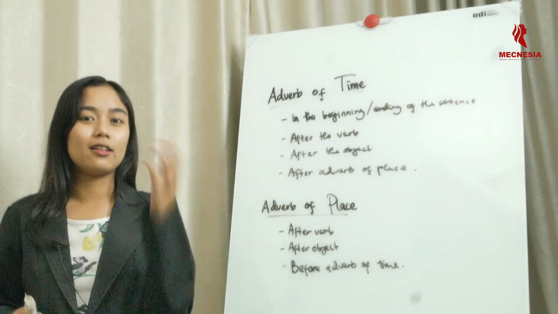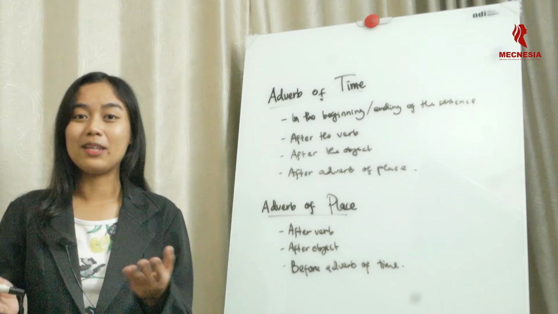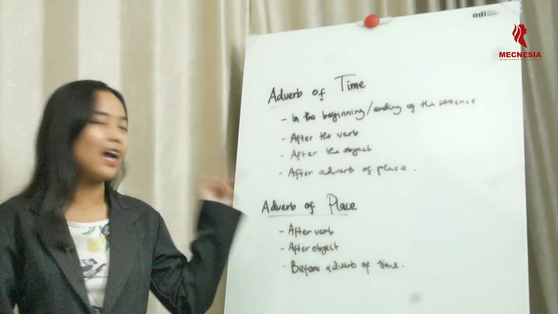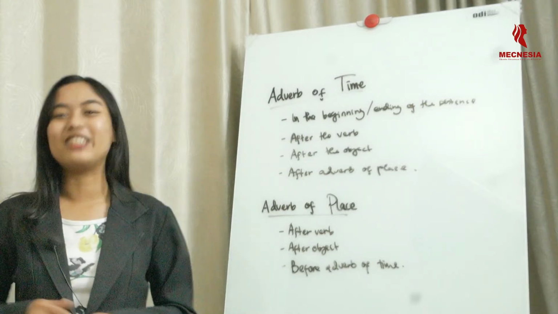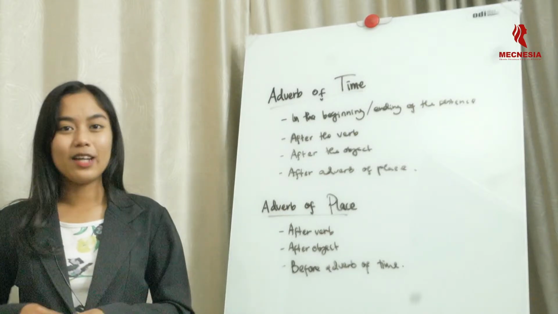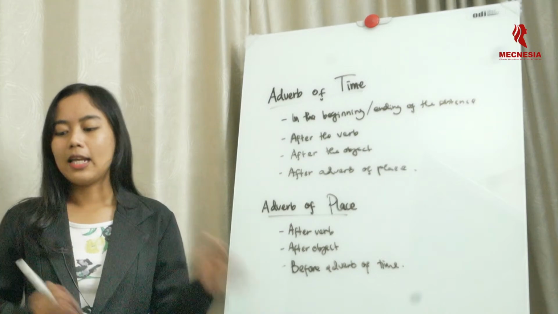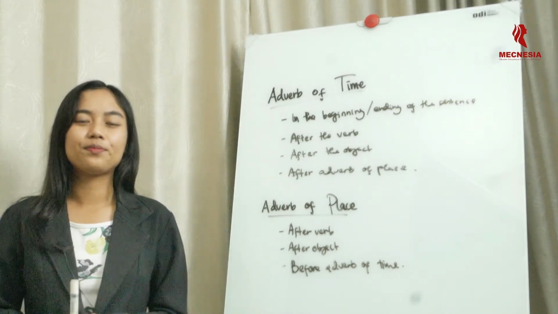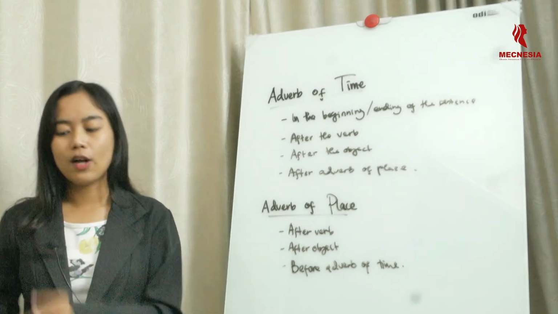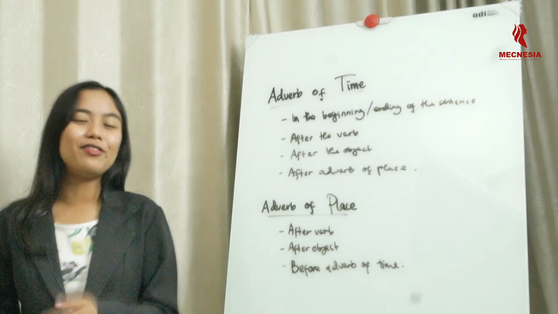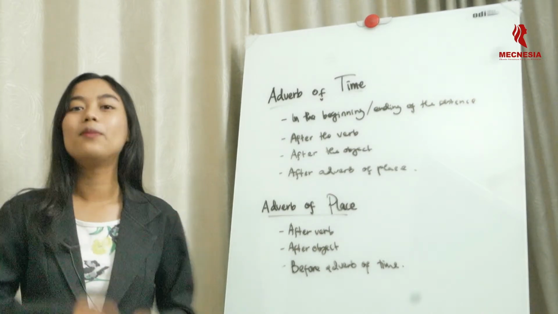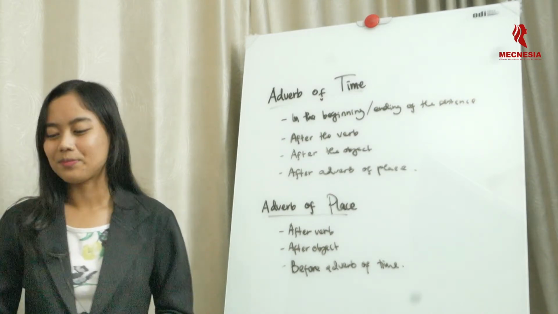Kalau ada kata keterangan tempat di dalam satu kalimat itu, berarti keterangan waktunya kalian letakkan setelah keterangan tempatnya. Let's take a look at the example. Oke, untuk contohnya kita punya they play soccer in the field every afternoon. Mereka bermain sepak bola di lapangan setiap sore.